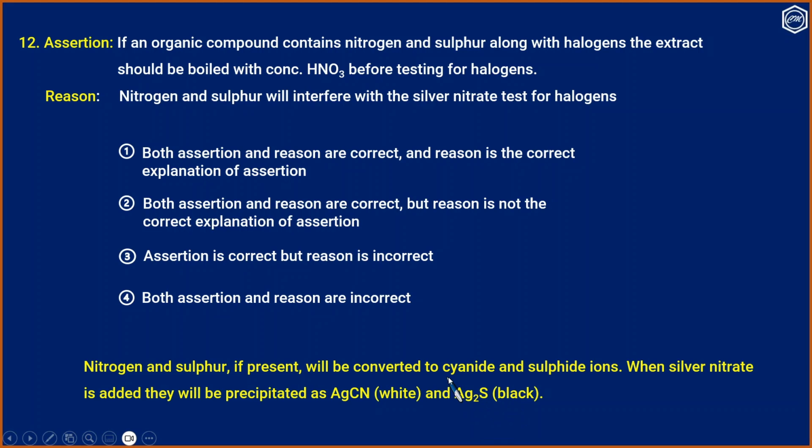Therefore, this will interfere with the silver nitrate test. So, assertion is correct, and reason also is correct, and reason explains the assertion. So, we go for option 1. And option 1 is the correct answer.